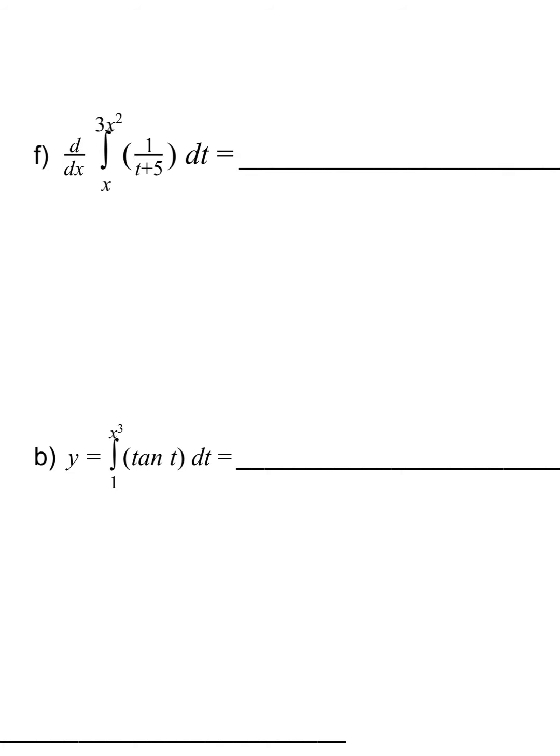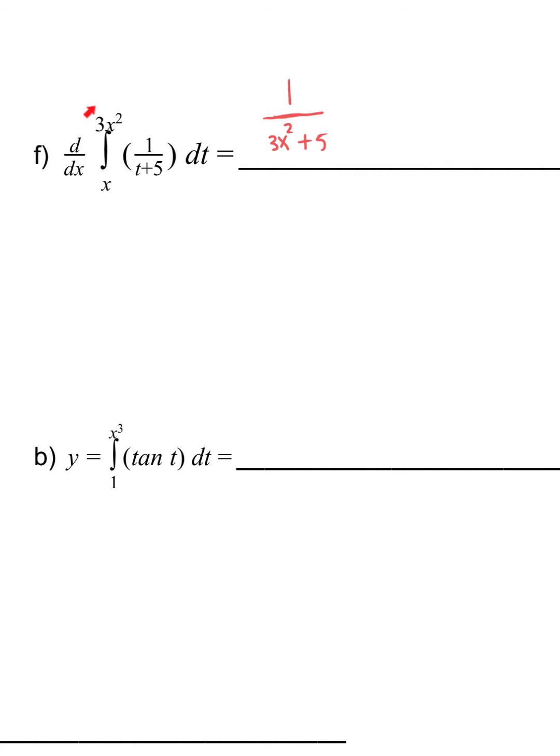Okay, first shortcut. We take 3x squared and we plug it in for t. So we rewrite the entire function, 1 over t, which is now going to be 3x squared plus 5. All right? And then we multiply everything by the derivative of that upper limit.